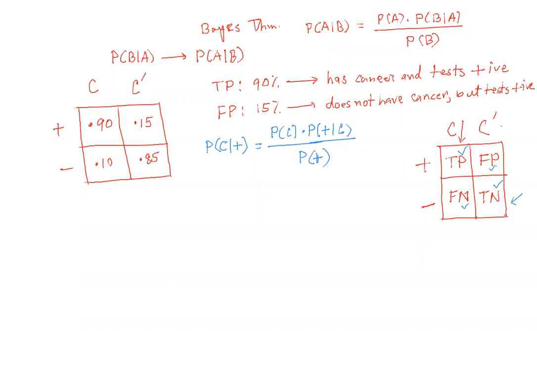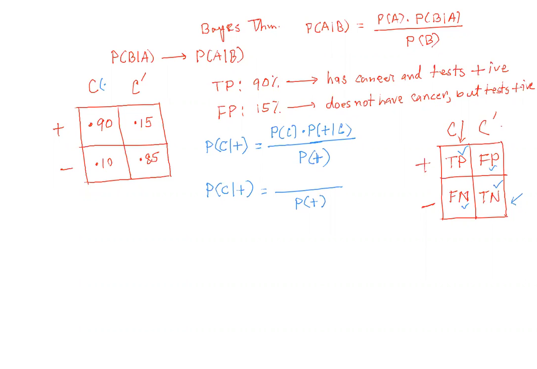Now, let me fill in the blanks here. Probability of cancer given that someone tests positive is going to be probability of testing positive in the bottom, and the top probability of having cancer.